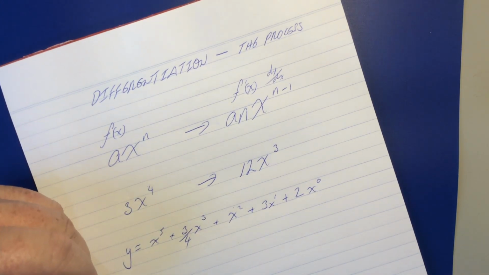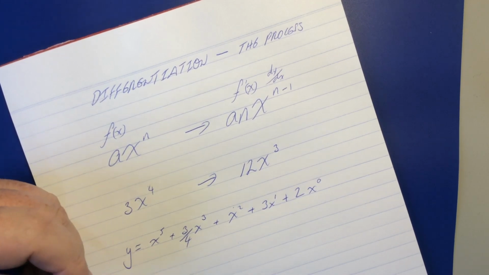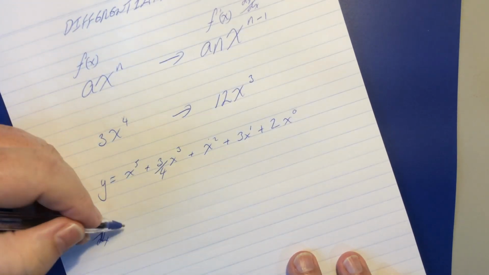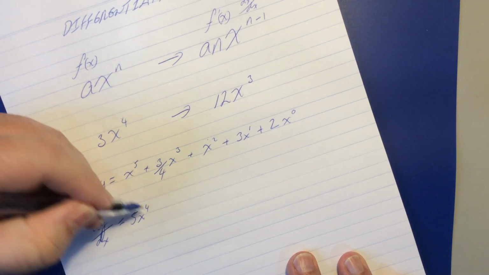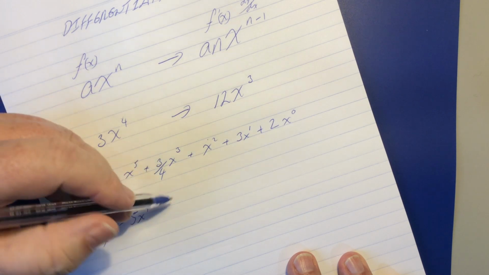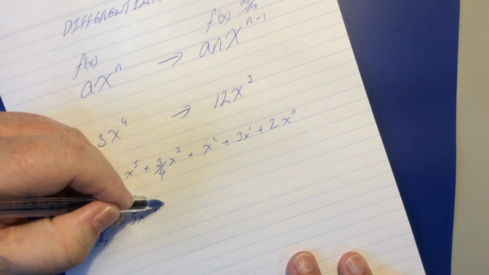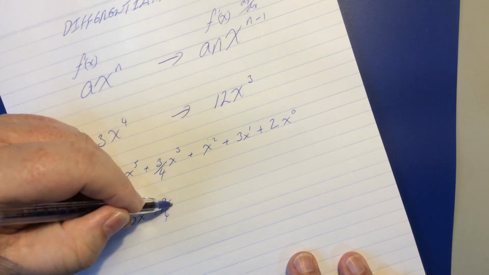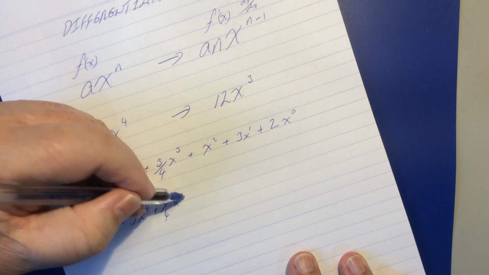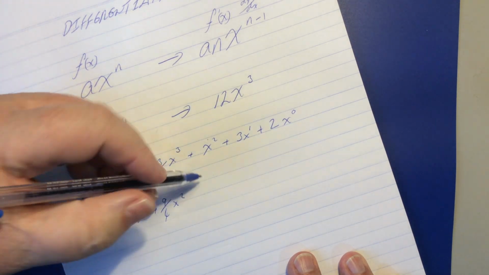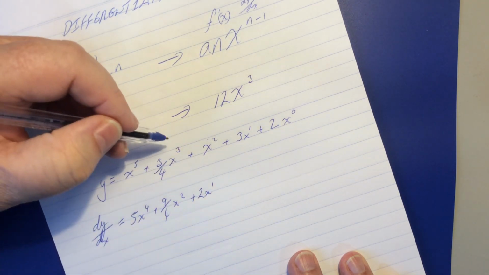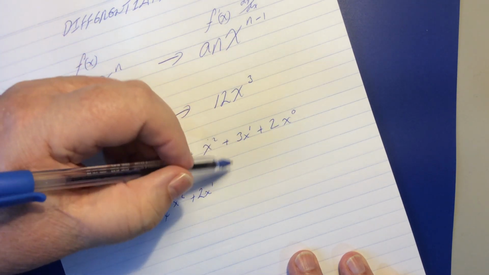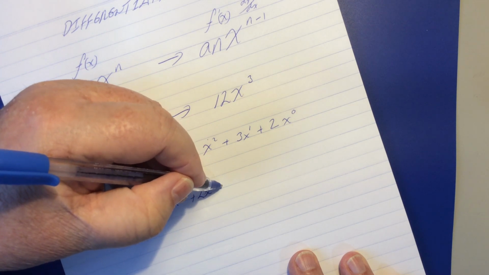So dy dx is going to equal 5x to the 4. 3 threes are 9 over 4, x to the 2, subtract 1 from that, plus 2x to the power of 1. 1 times 3 is 3.